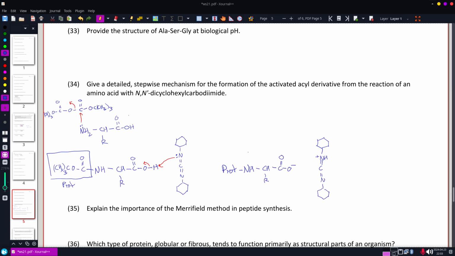Alright, now this negatively charged oxygen has a lone pair of electrons on it. It's actually going to attack that carbon, causing these electrons to go up towards that positive. And we end up with protected nitrogen on our amino acid.